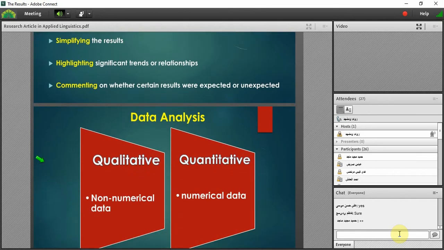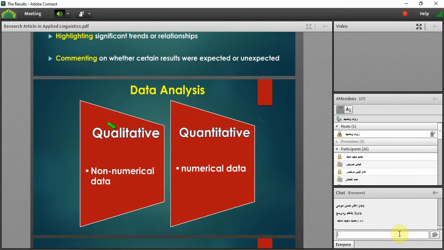So my dear students, as I told you, we have two major approaches to data analysis. The first one is qualitative, the second one is quantitative. When your approach is qualitative, your data are mainly non-numerical, like using a survey.